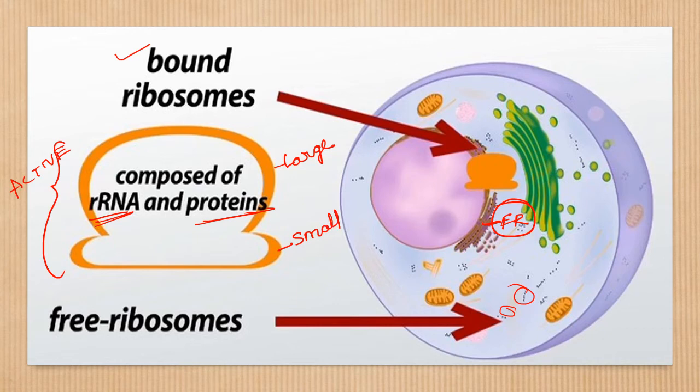When they are in inactive form, the small unit dissociates from the large one and separates. So they are joined together only in the active state, and that too only at the time of the translation process. After completion of translation, these two subunits dissociate and are present as two separate units.